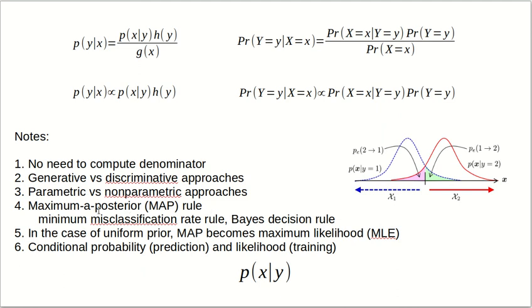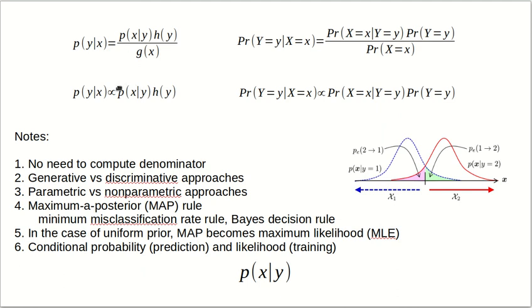And then a third point about how to use those equations is in terms of parametric or non-parametric approaches. So what exactly is a parametric approach? Here you have to use some form of the probabilities.